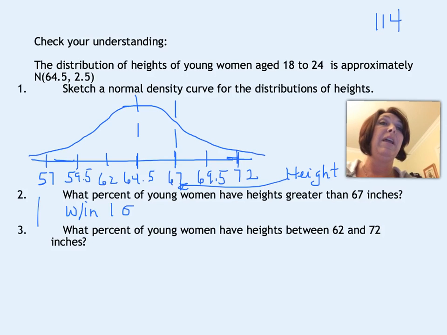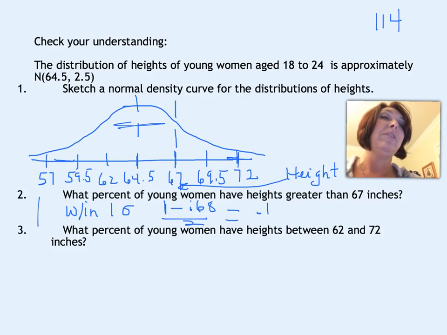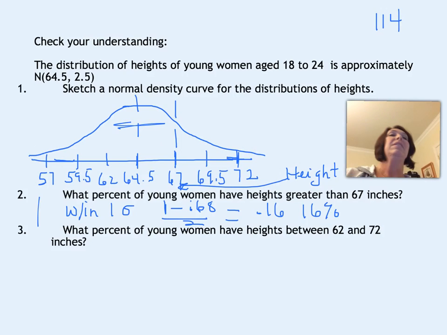We're really only looking at the upper section. So we say it's 1 minus 0.68, because we don't want this middle section. We subtract 68% from 1, and then divide it in half because we only want this upper half. If you do that, you get 0.16, or 16% of the young women have heights greater than 67 inches.